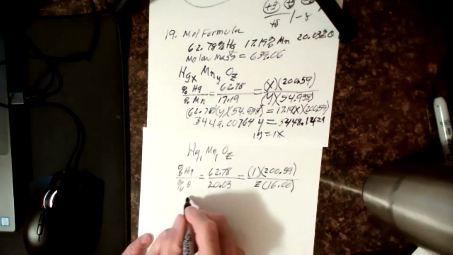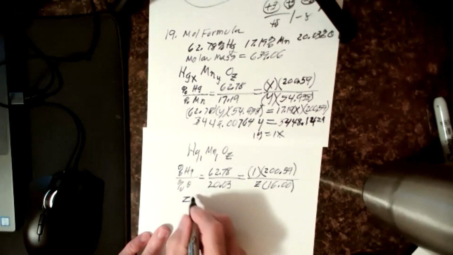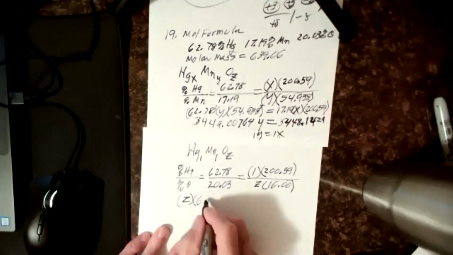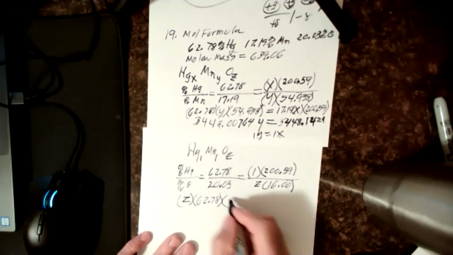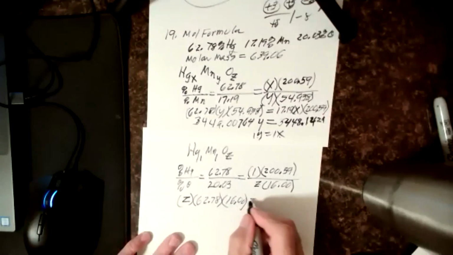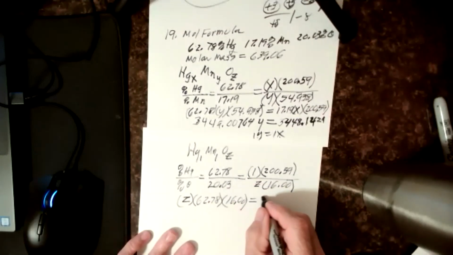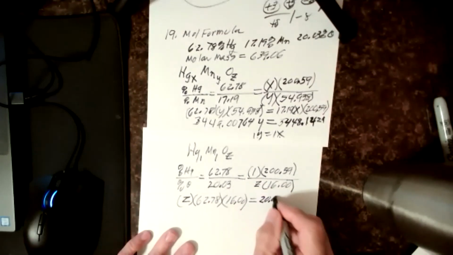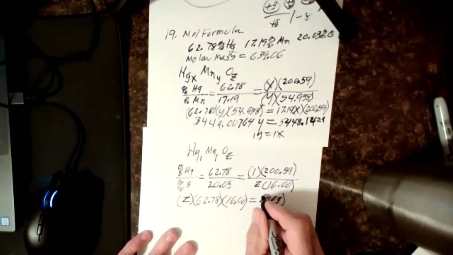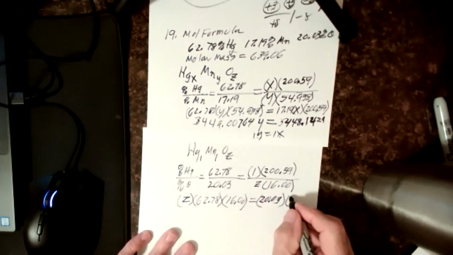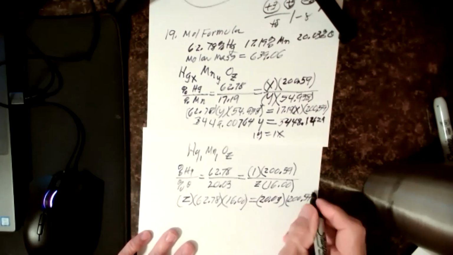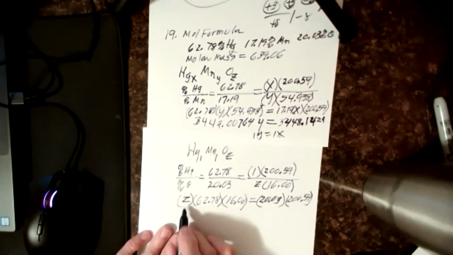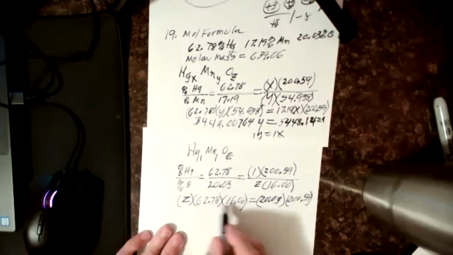Cross multiply. Z times 62.78 times 16 equals 20.03 times 1 times 200.59. Now to get Z, I need to make this times this and divide by each one of these.